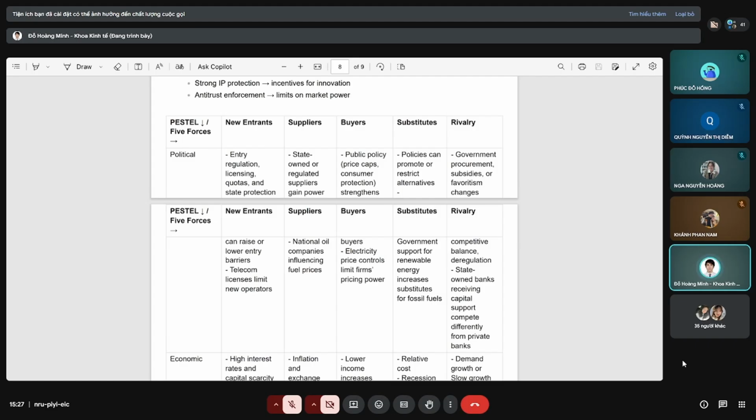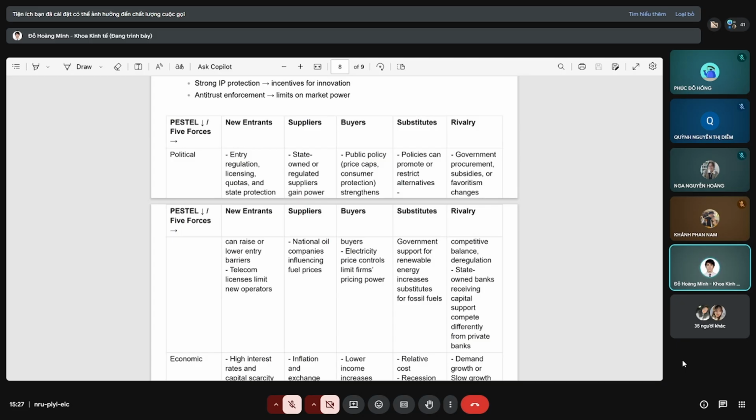And how about the rivalry? How can political factors influence the rivalry? Some factors can distort the competition.